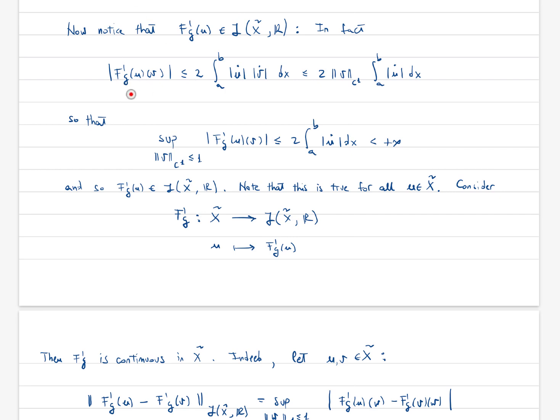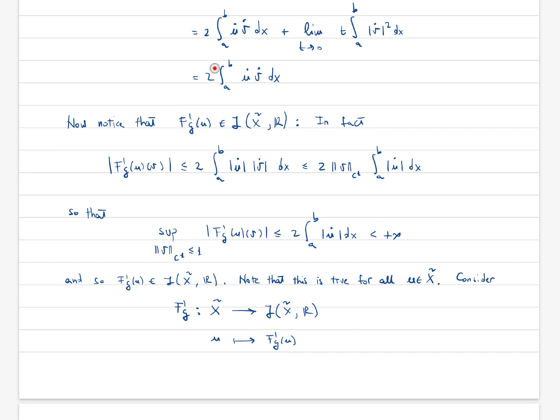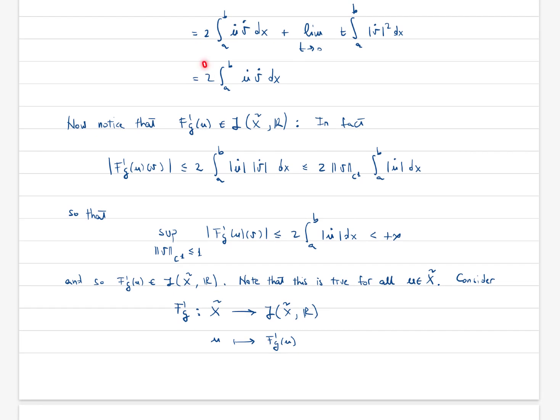So the absolute value of the Gateau derivative in direction v would be just the absolute value of this guy, which is less or equal than the integral of the absolute values.